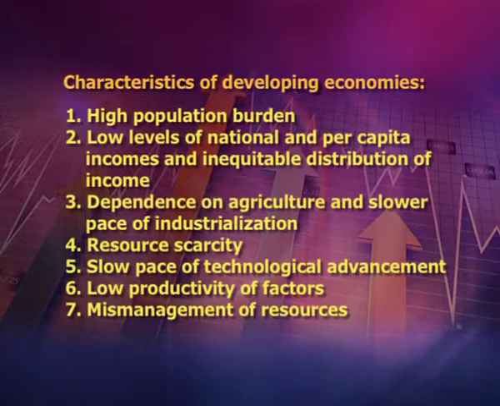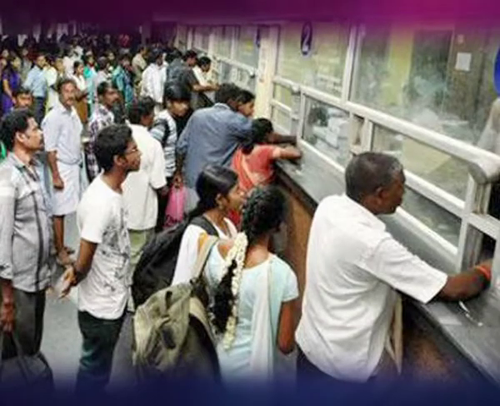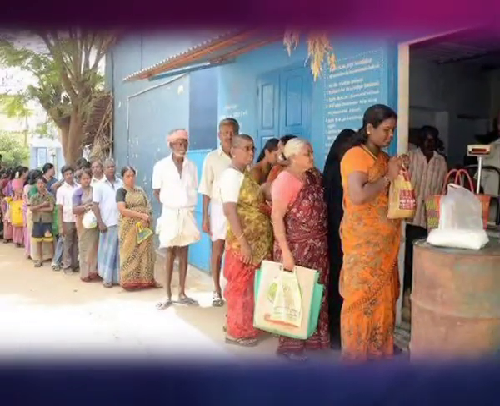Let us now look at another characteristic, which is mismanagement of resources. Some countries are not able to manage the allocation and distribution of available resources and goods among different sectors and segments of population.